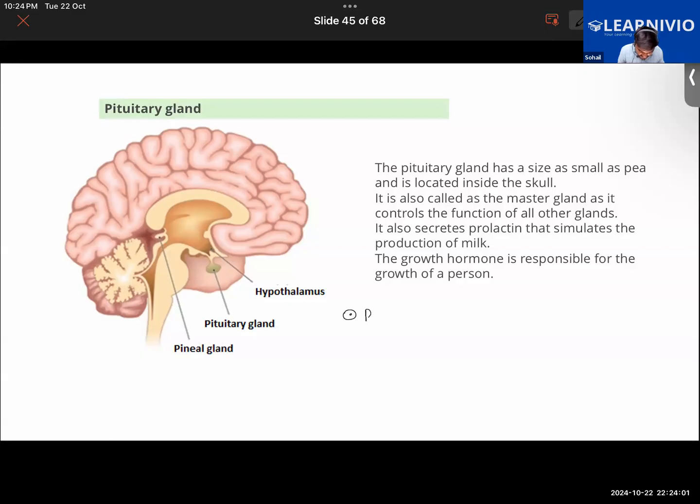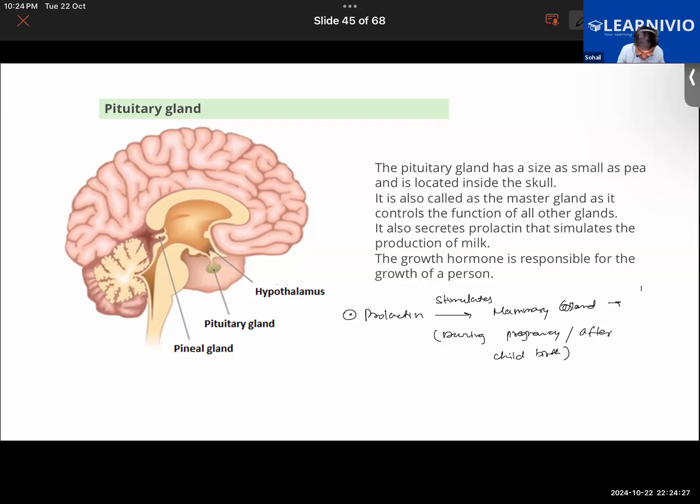So far what we have learned about prolactin. Prolactin stimulates which part of the body in females? It stimulates the mammary gland, particularly during pregnancy or after childbirth.